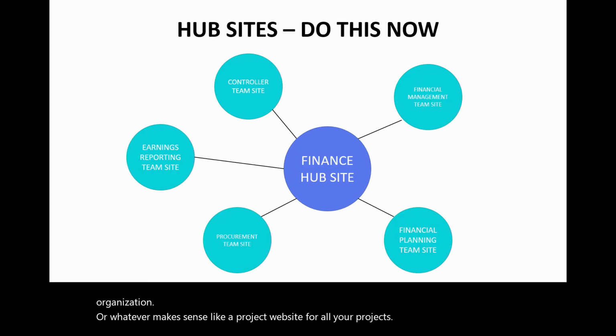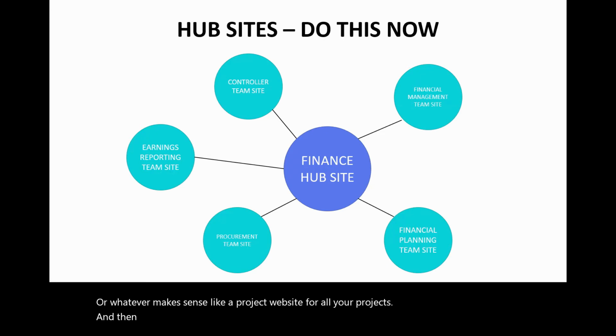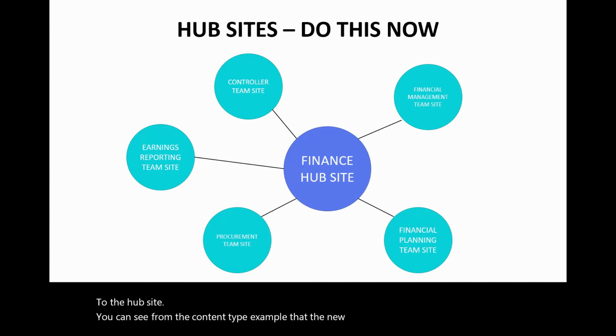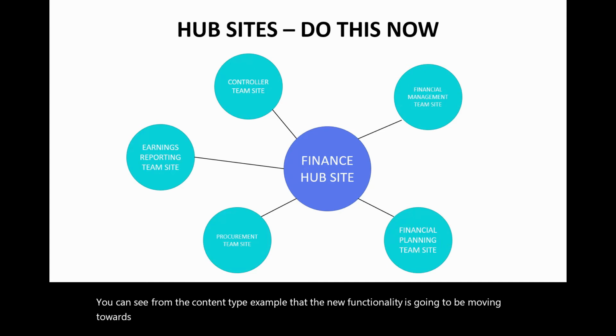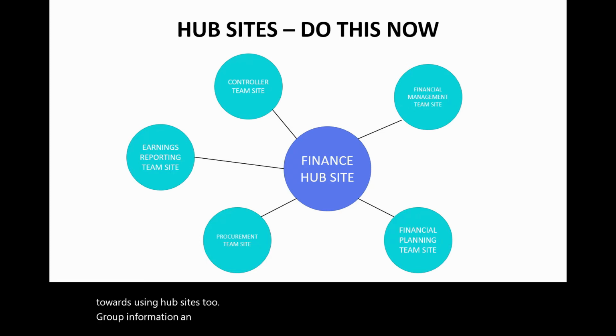And then you attach other site collections or team sites to the hub site. You can see from the content type example that the new functionality is going to be moving towards using hub sites to group information or push it out or roll it up. So the sooner that you get on the hub site model, the better for your long-term value out of SharePoint.